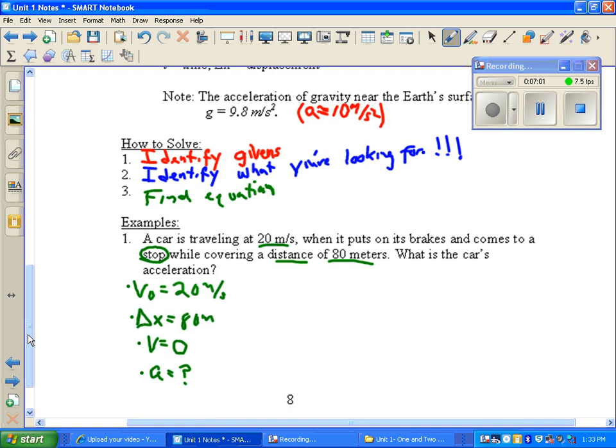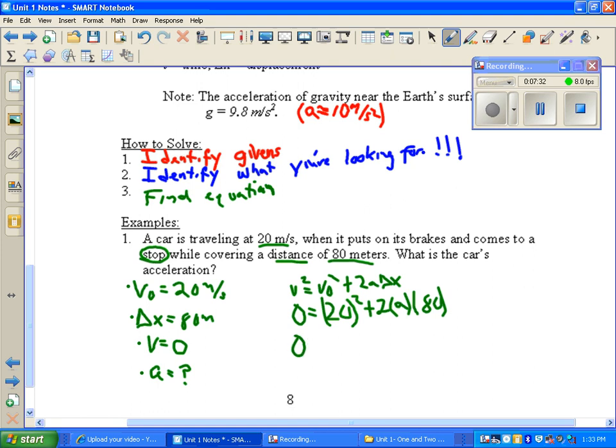So V squared is V0 squared plus 2A delta x. 0 was V, so 0 equals V0 squared, so 20 squared plus 2. I'm looking for the acceleration, so I'll leave that as A, and delta x is 20. Oops, I'm sorry. Delta x is 80.